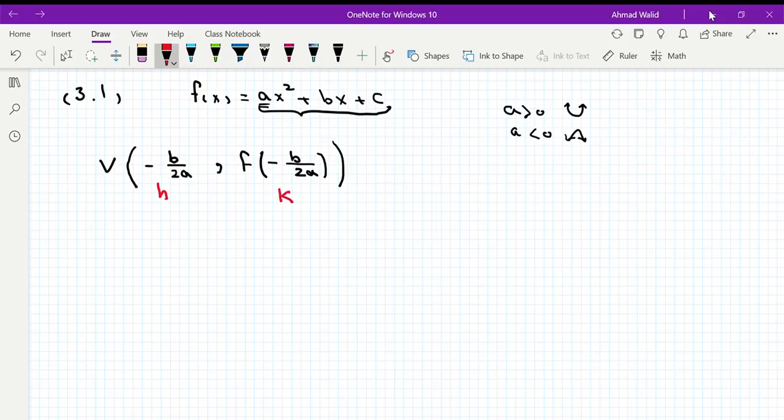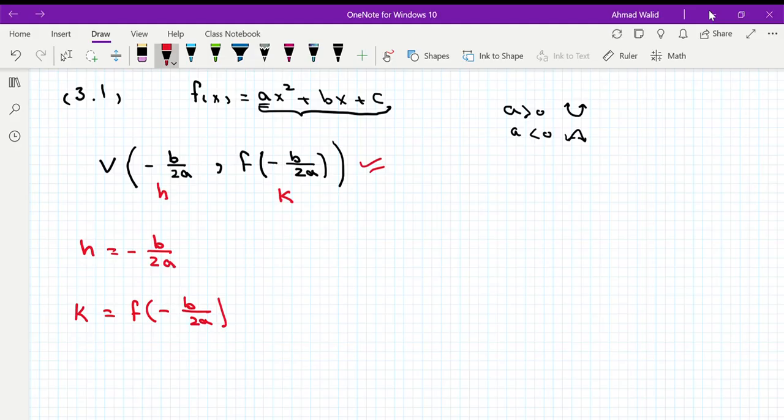Everyone knows a, b, c in your function, correct? How much is a, how much is b, how much is c. If you do this, easily you can find the vertex. Or in other words, your h is always equal to negative b over 2a, and your k equals f of negative b over 2a. That's what we call the vertex formula.